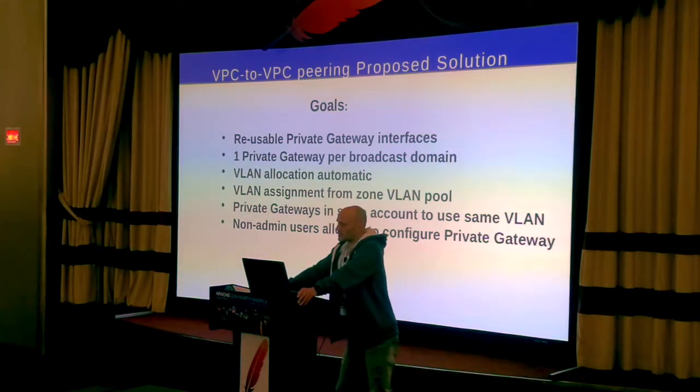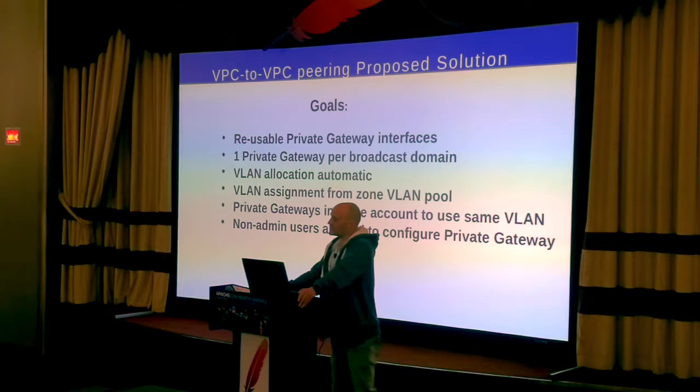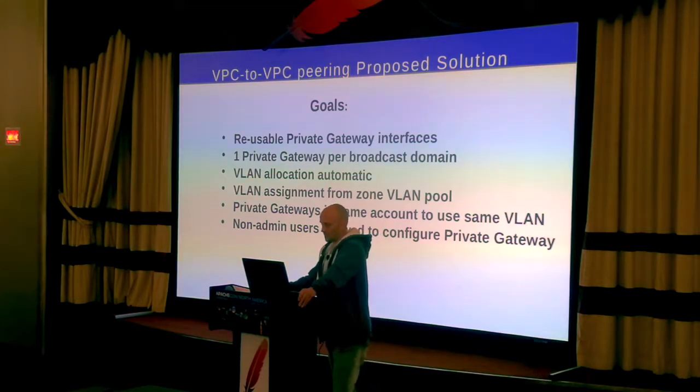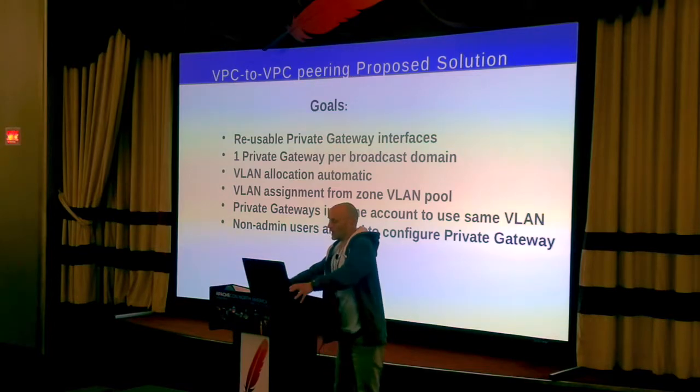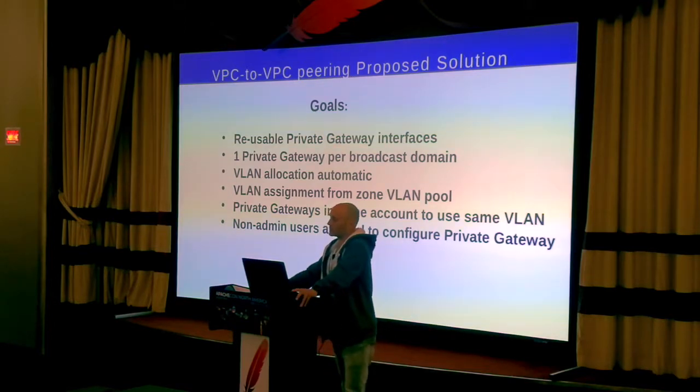Also, the next goal is that a user should not need to specify a VLAN. VLANs should be allocated automatically from the zone pool, so when a user wants to create this private gateway in CloudStack, it'll just be automatic.